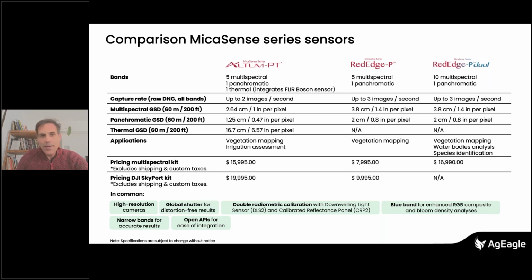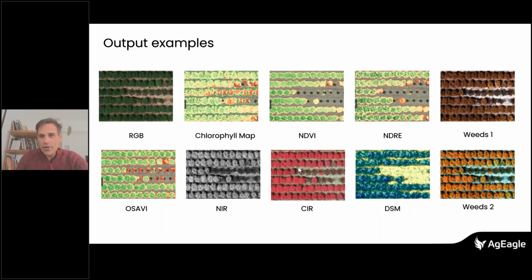Okay, let's have a look here at the products you can get out of the camera. If they ask me, Eric, what really different products you can get out of a RedEdge-P, I can tell you, because you can have an endless list of indices from the images, but many of them are correlated between them.